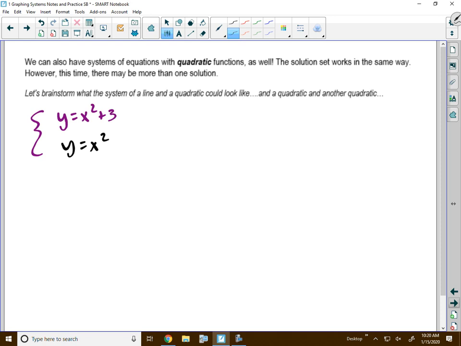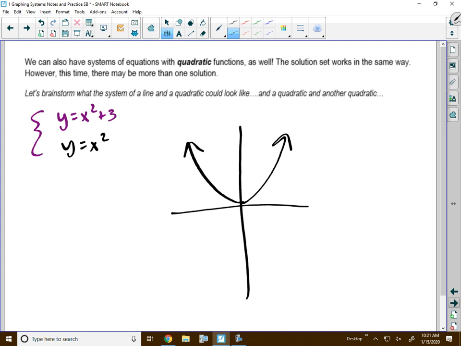Okay, so what if I had these two equations? I'm just going to show you kind of what these will look like. Does anybody know where y equals x squared, like what that looks like, where it starts? Does anybody know where the vertex would sit? It would sit right here. So that is the y equals x squared equation. That's this one here.